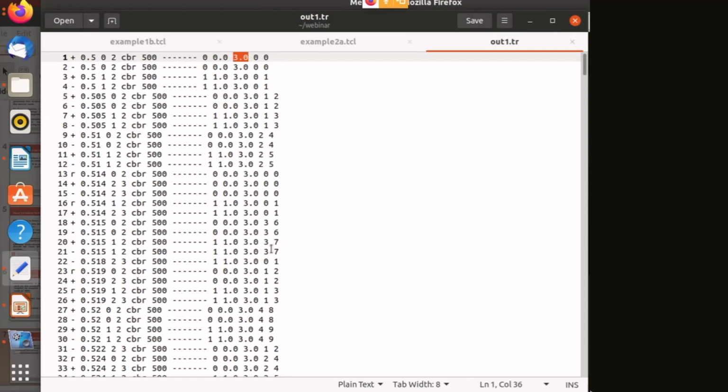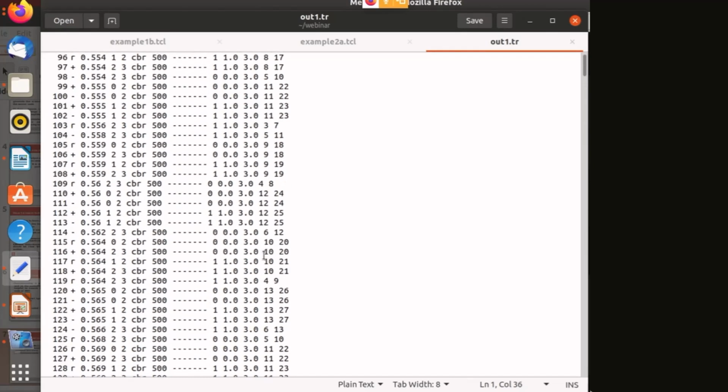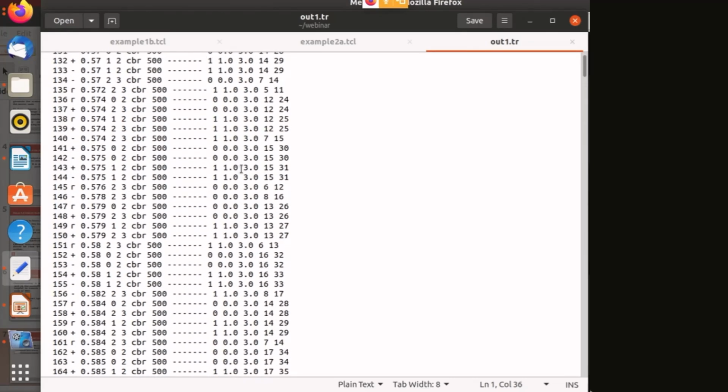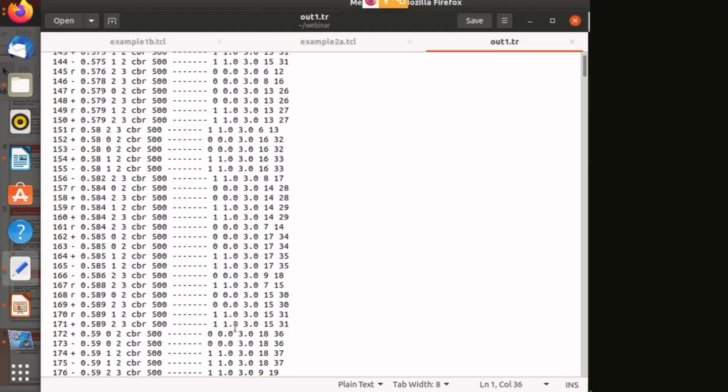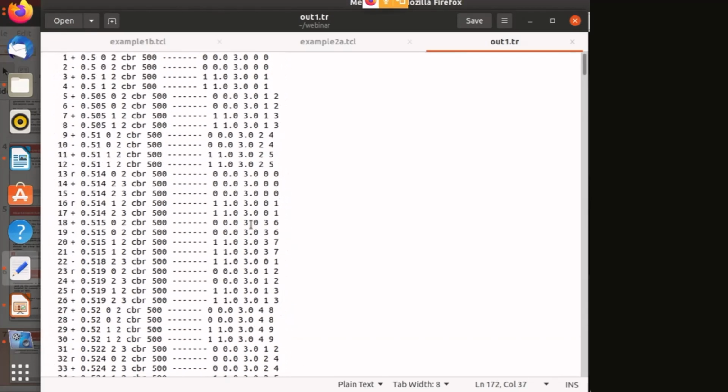So like this it is written. In all the rows you will be seeing the second thing is 0 only because we are using only port 0. When you use multi-port, however I have not used it yet, then this value will be 1.